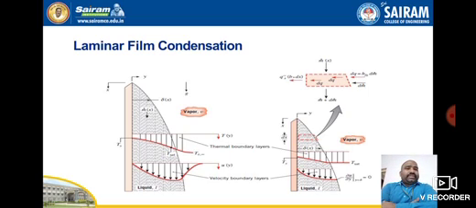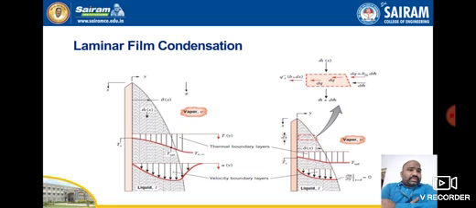Now the laminar film condensation. Here are the figures, showing how the layers of the laminar regime are formed. The mass at inlet is m, and when it comes out, for an elemental film we consider m plus dm. Again dq is equal to hfg into dm.